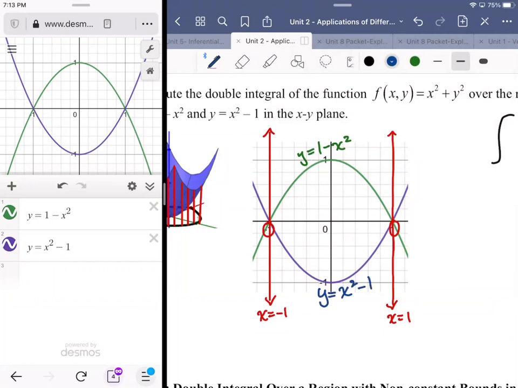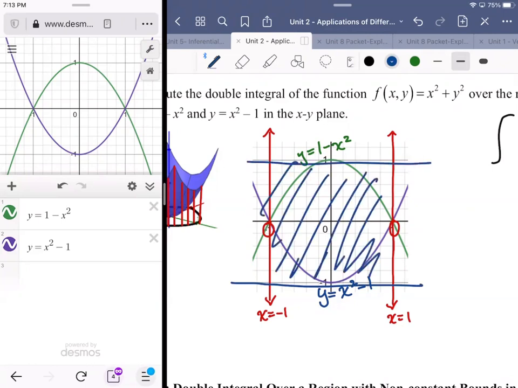So what if we were to say that we're going from y equals x squared minus 1 to 1 minus x squared? Right? That gives us the flexibility to not just be between two fixed values. So if I were to say that y is going from -1 to 1, I'd be saying that we're going from here to here. And so we'd be back to what we had with the other problem, some rectangular region.